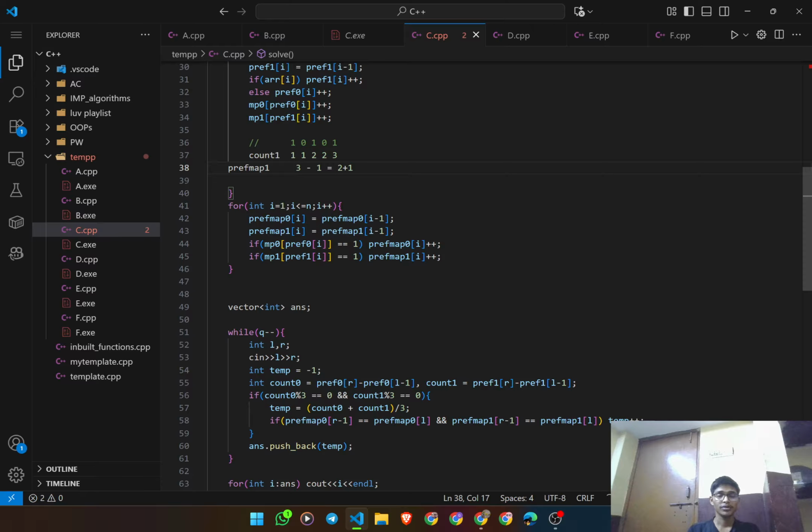So that's why if its count in the map is equal to 1, then only we will increase, otherwise it will be 0, it will be 0, it will be 0, and it will be 1. Because the count of 3 is only 1 for 1.